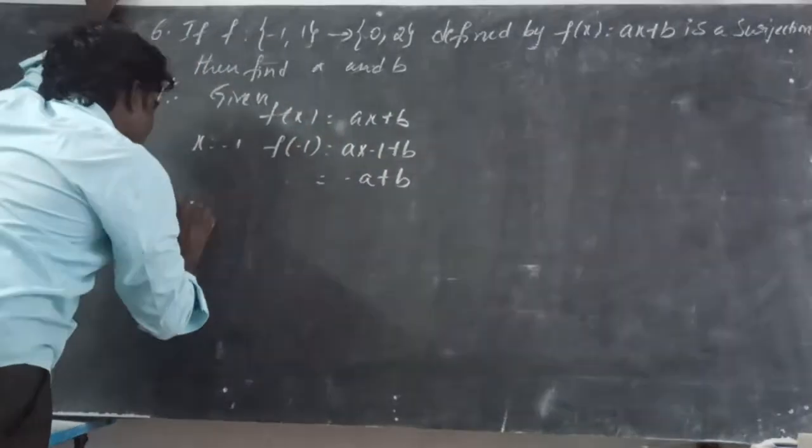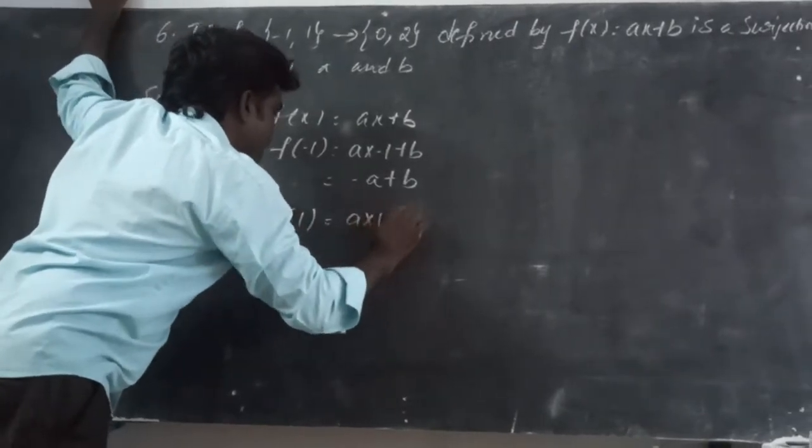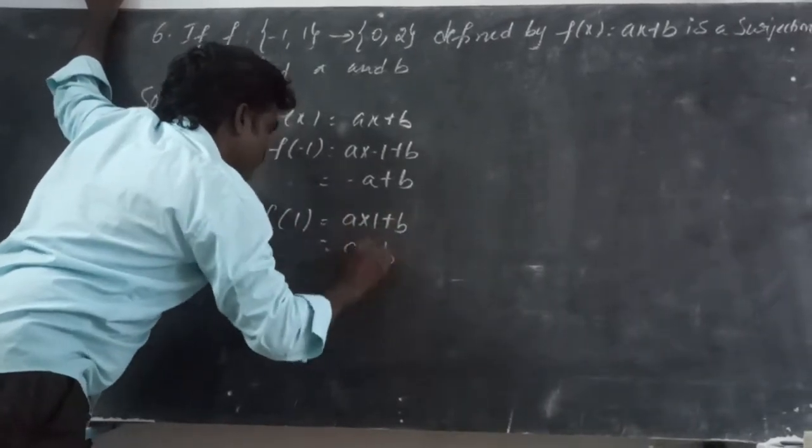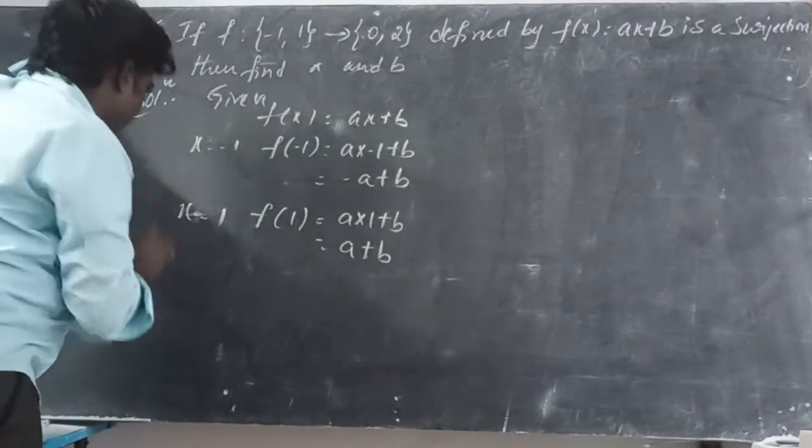Next, x is equal to 1, then f of 1 is equal to a into 1 plus b, that is a plus b. Okay, so here case 1.